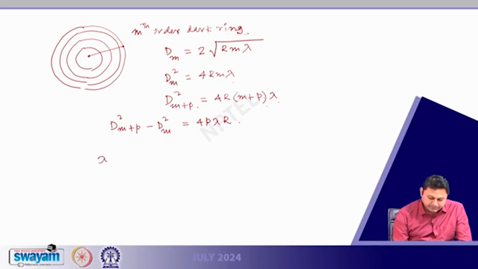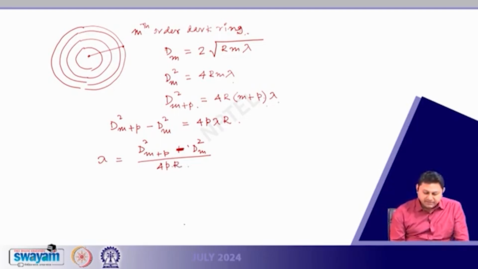So, one can find out easily with the expression that lambda is dm plus p square minus dm square, whole divided by 4 p into r.